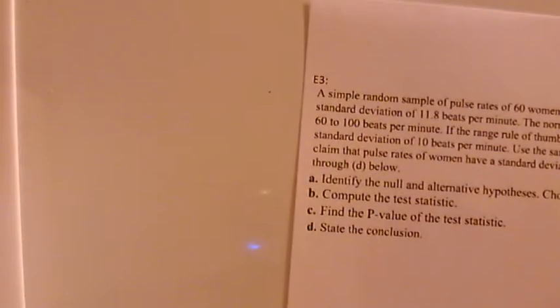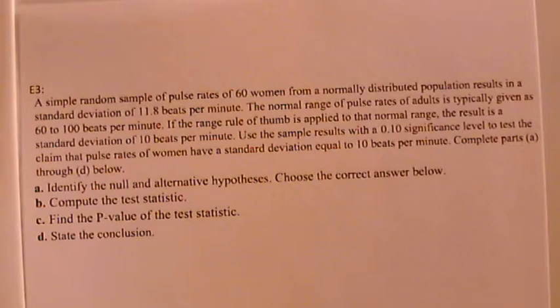Okay. I'll do one more. Alright, in this case, a simple random sample of pulse rates of 60 women from a normally distributed population results in a standard deviation of 11.8 beats per minute.